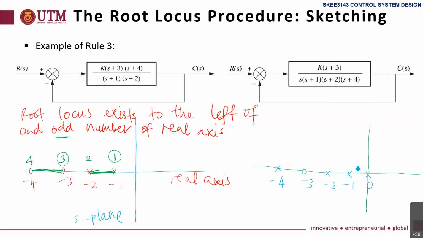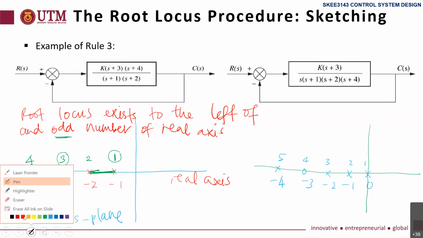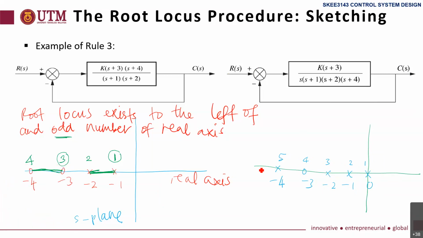So we give numbers 1, 2, 3, 4, 5. Now we want to plot the root locus on the real axis.